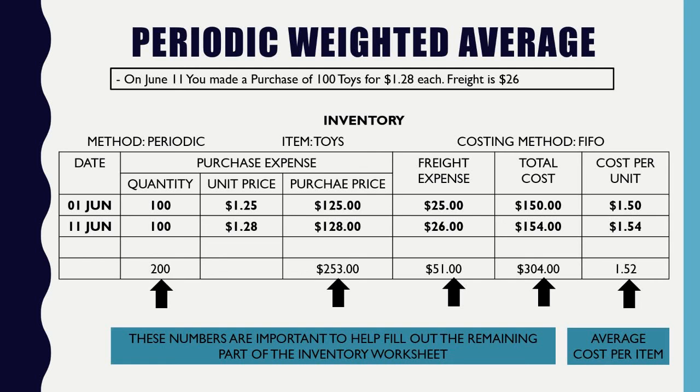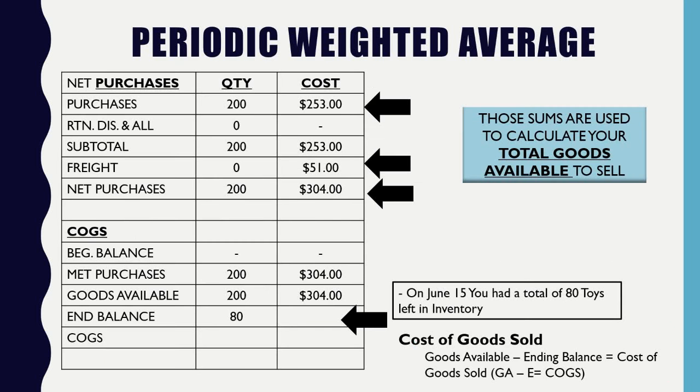So once again, these numbers are going to come into play. So we plug them all in here, once again plugging our numbers into the section to solve for our net purchases, right? We're assuming that we have 0 beginning balances, which then whatever net purchases we did becomes our goods available.